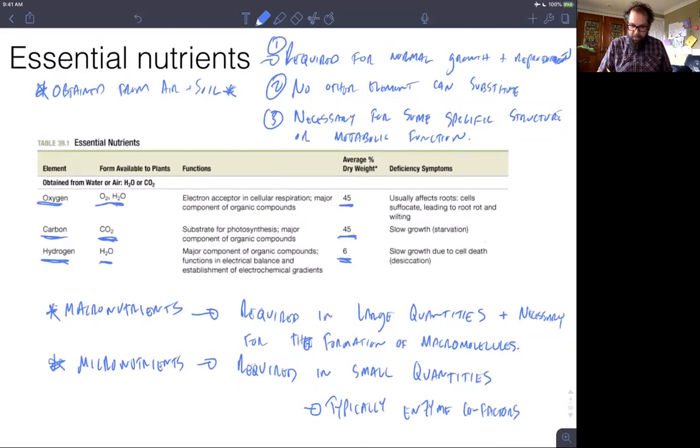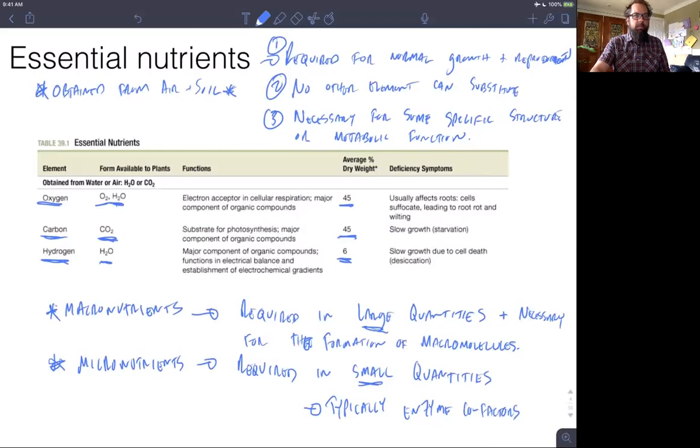But the key here is how much the plant needs them. So are they required in large quantities? And if so, they're macronutrients that are necessary for the formation of macromolecules, or they're required in small quantities, and those are micronutrients. And these are typically enzyme cofactors that help in different metabolic processes in the plant.